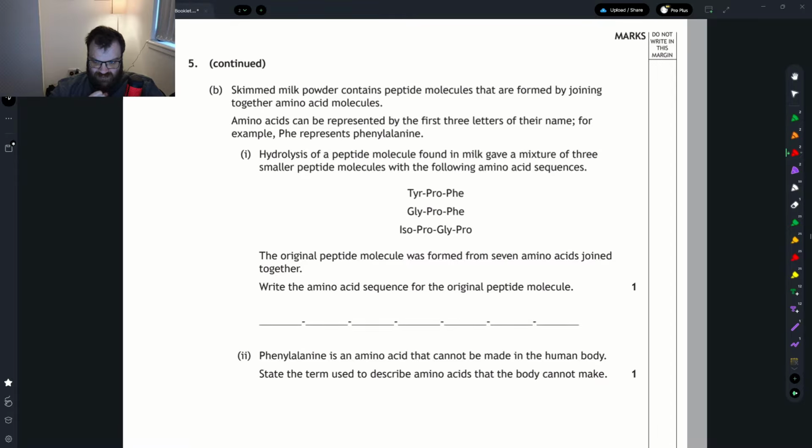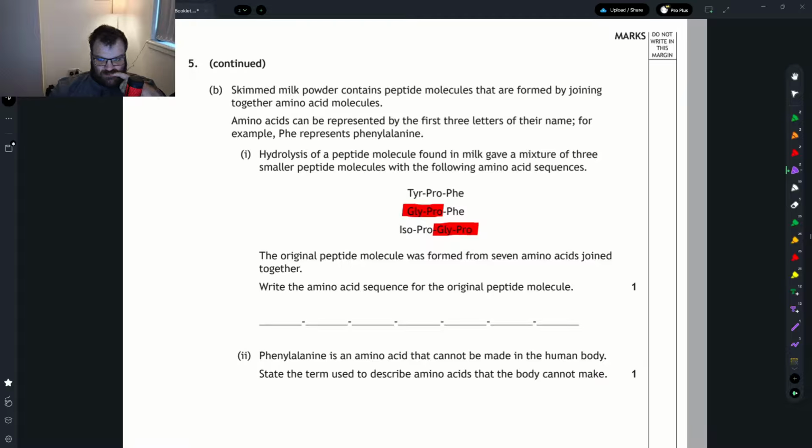The first overlap I see is Gly-Pro-Phe would overlap quite nicely with that bit there. So there must be 2 Pros. Oh, there are 2 Pros for that.